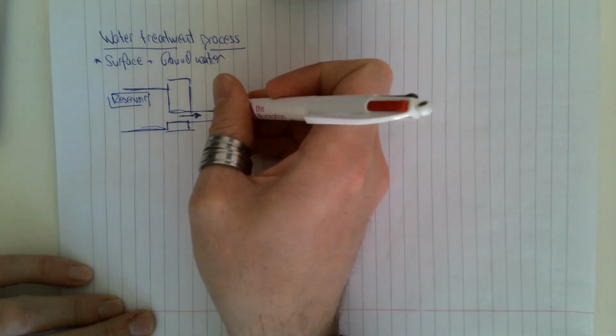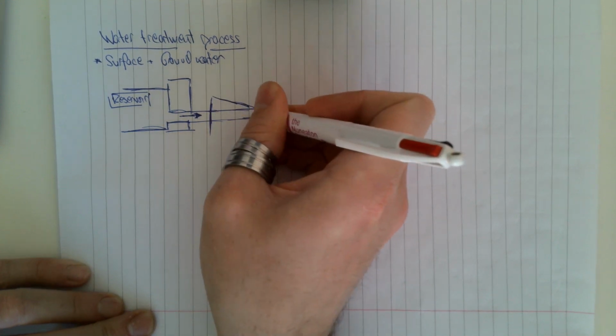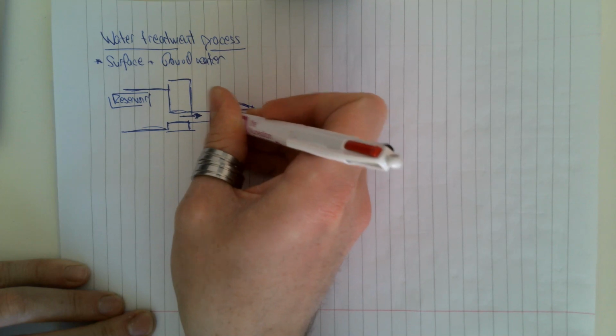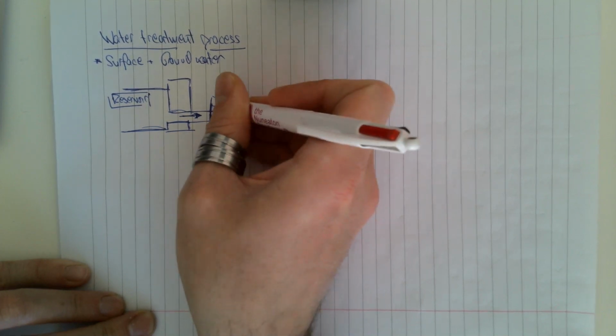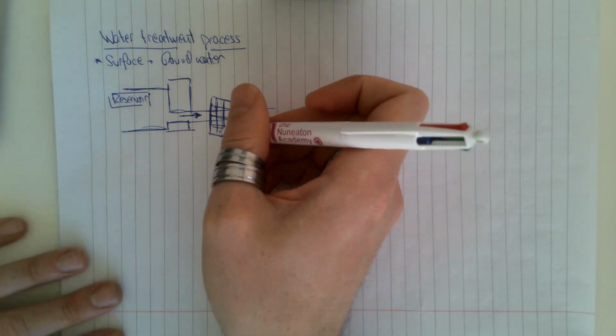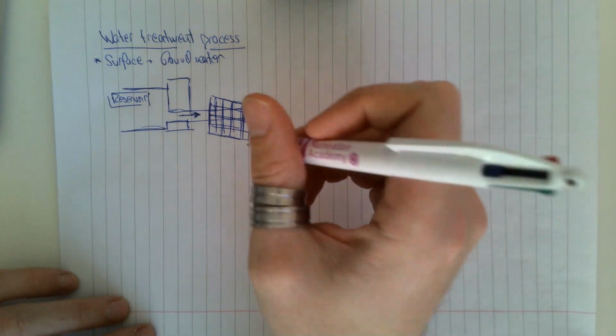Now, in these pipes, you find large metal grids. Just one here to represent this. Now, these are large metal screens or grids made up of bars.